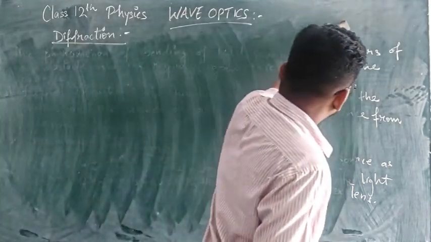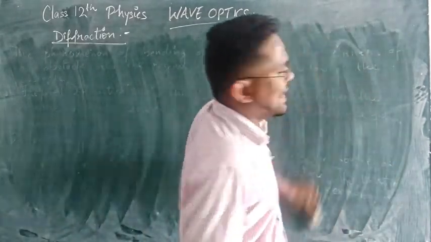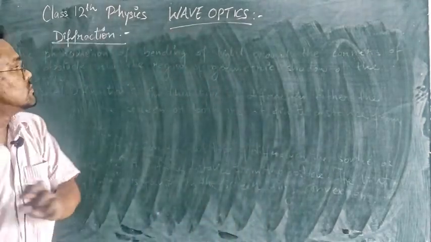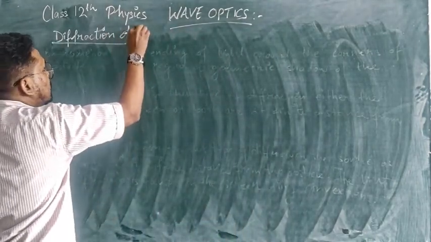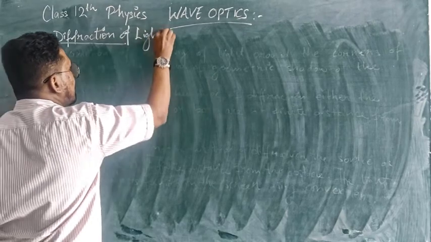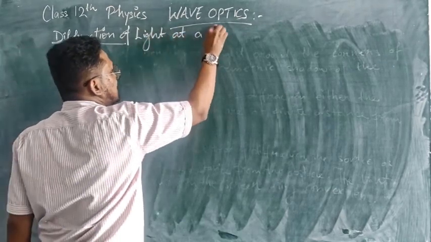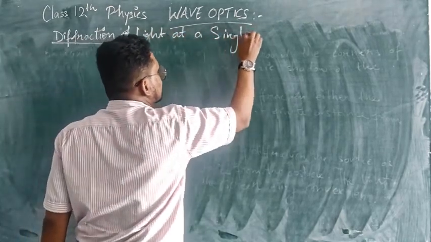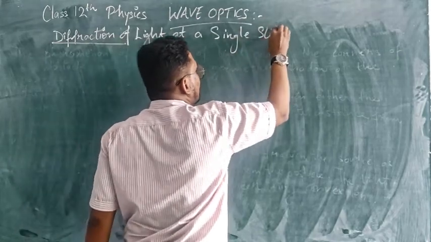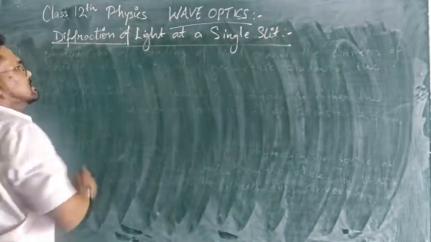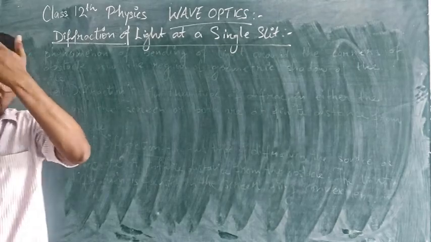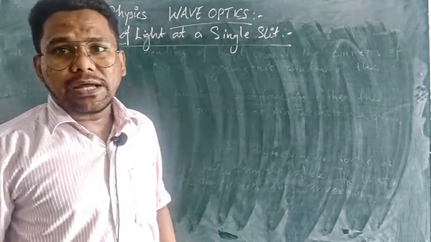Which is diffraction at a single slit. So the topic is diffraction of light at a single slit. So let us start with the diagram for it.